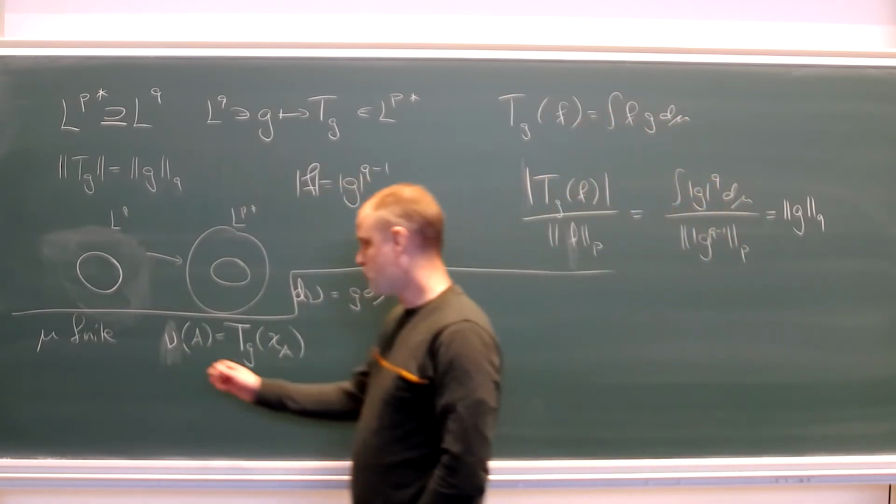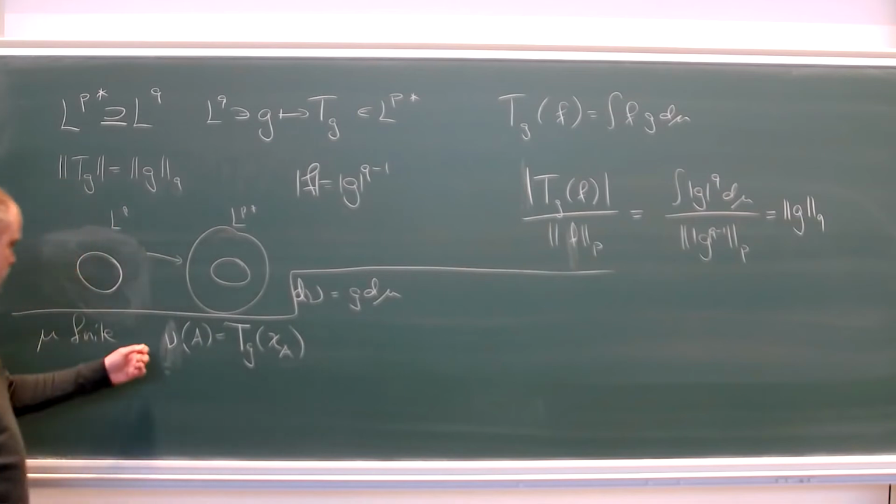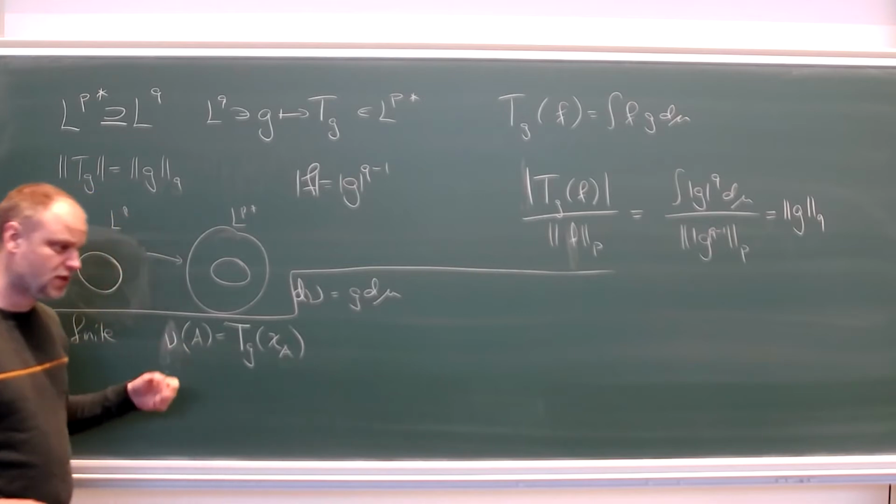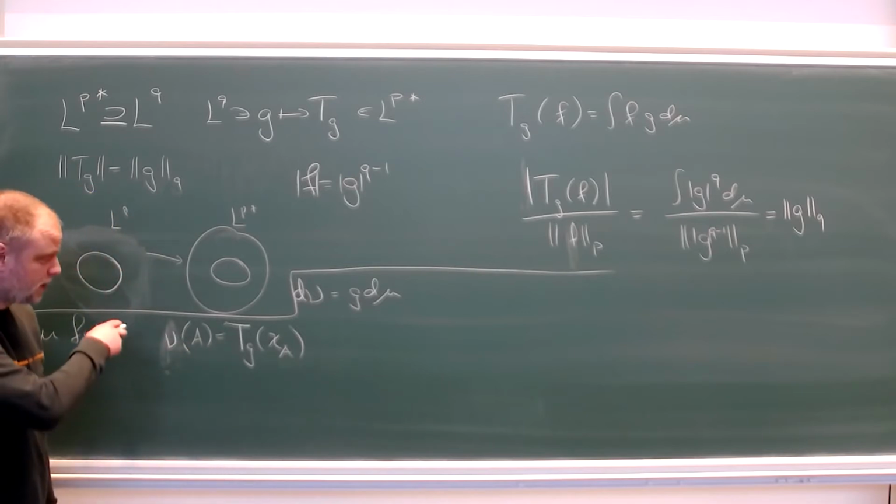So that's a measure. Okay, so where do we need that mu is finite? Well, for one thing, to prove that this is a measure. I think I already outlined those computations, but they are in 4.5 otherwise.